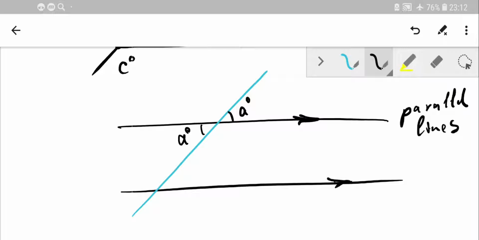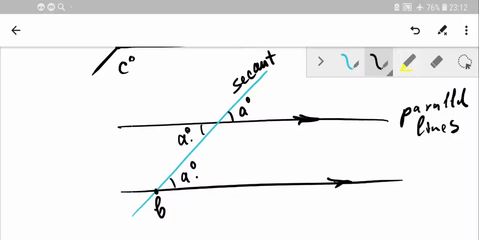But what about angle B? It's going to be somewhere here, I guess. That's also angle A due to the property of the second line, the blue one, and two parallel lines.